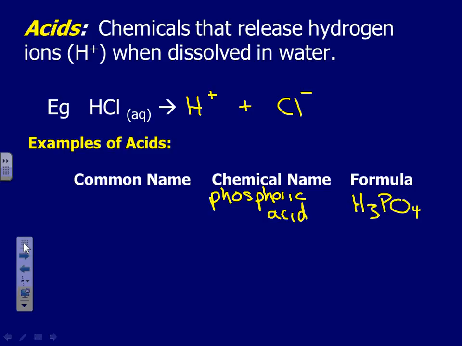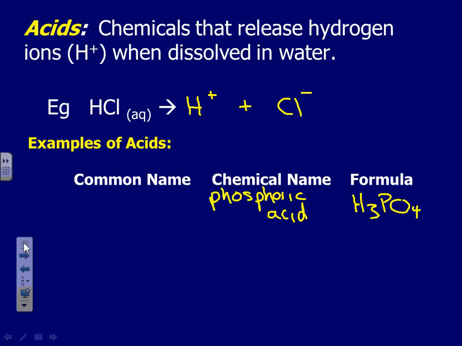Common name, it doesn't really have a common name, but it is used in batteries. Battery acid, that's a good one. And we're talking about car batteries. We're not talking about little batteries, right? Have you ever come across the little batteries? Maybe you left them in a toy for too long and they got that goop that's coming out of the batteries. That's technically not acid. That's actually a base. Little batteries are what we call alkaline batteries, which means they have a base in them instead of an acid. But car batteries, phosphoric acid.